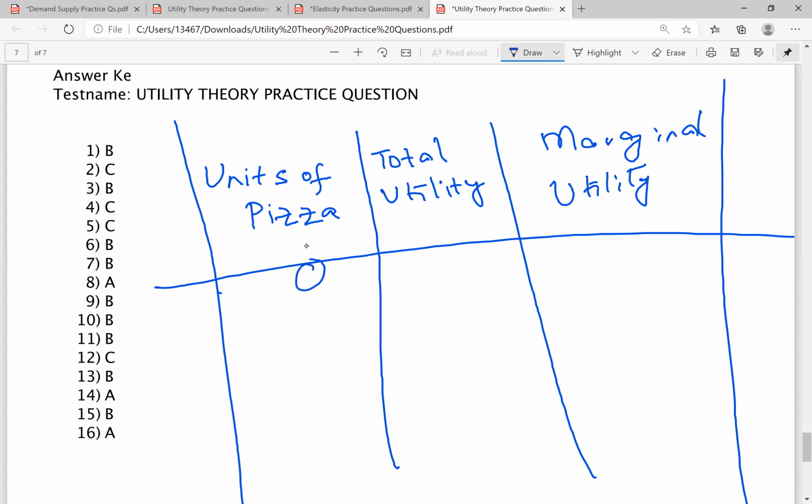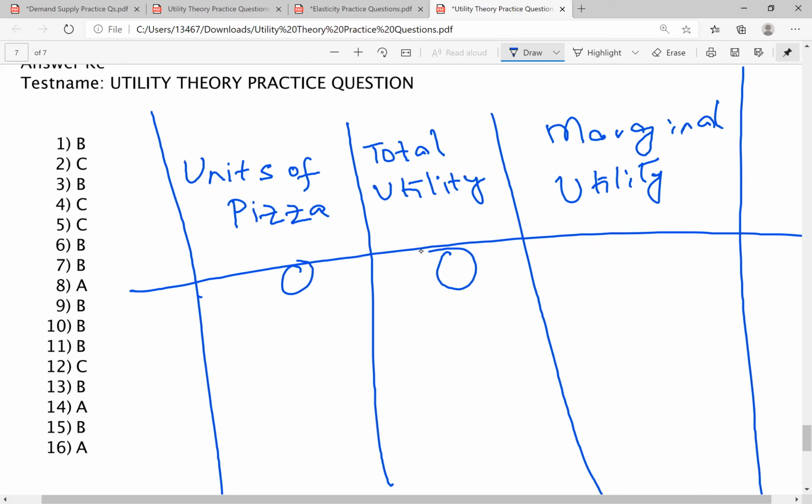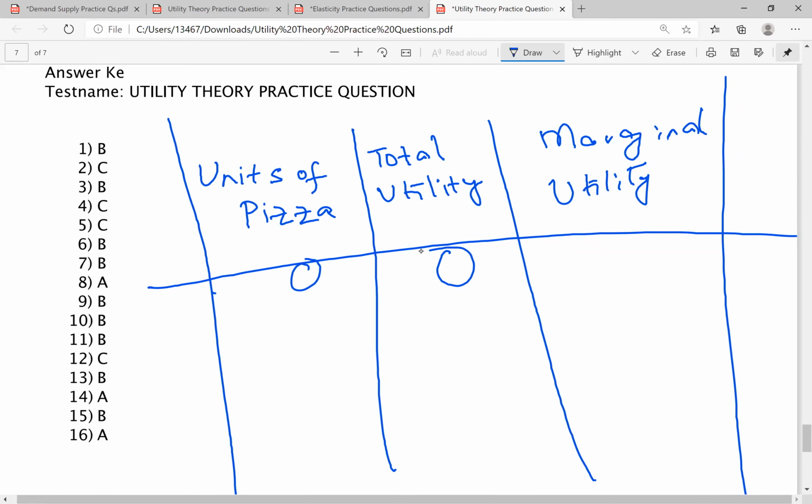If I'm buying and eating no pizza or 0 units of pizza, my total happiness will be 0. I'm not happy at all because I am not eating any pizza. I live on pizza. I need pizza for dinner every night. Same with my kid. Pizza for dinner, lunch, breakfast.